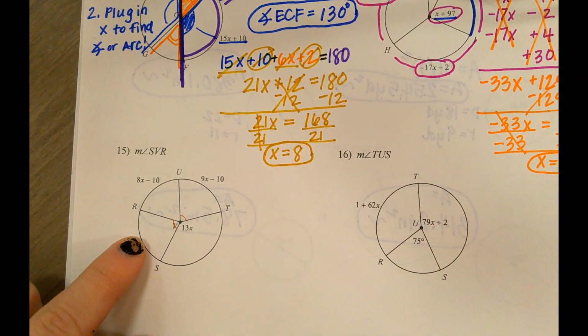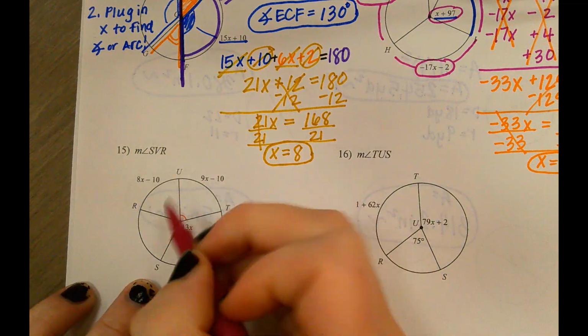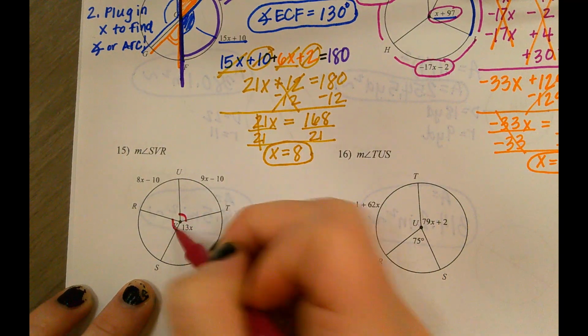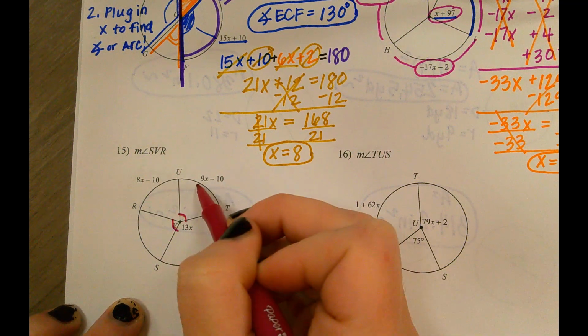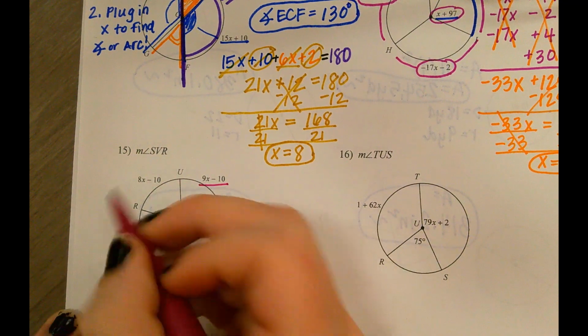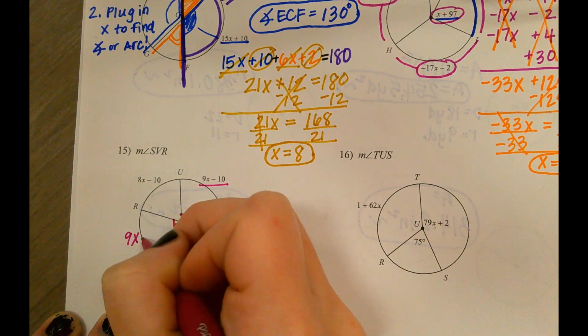Does anything tell me what this measure will be? It will be equal to the angle UVT. Yes, that arc right here tells us that these are equal. And UVT is 9x minus 10. So that's what RVS must be.